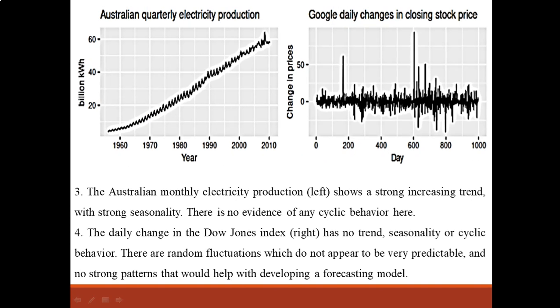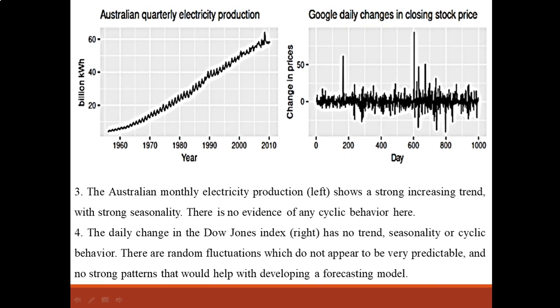In these graphs, the Australian monthly electricity production shows a strong increasing trend with strong seasonality. There is no evidence of any cyclical behavior here. But finally, in the final graph, we find the daily change in the Dow Jones Index.